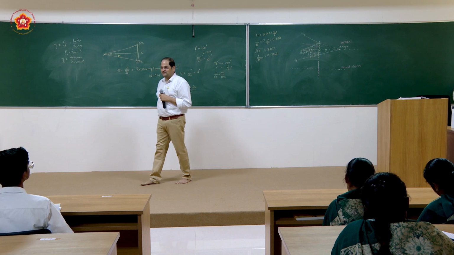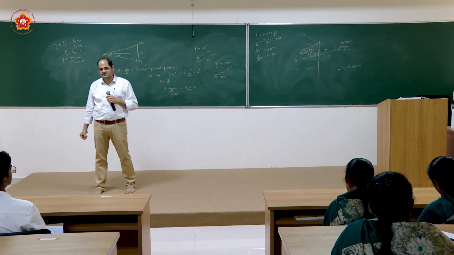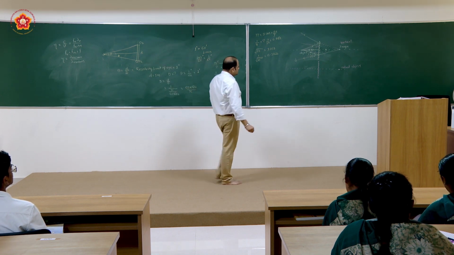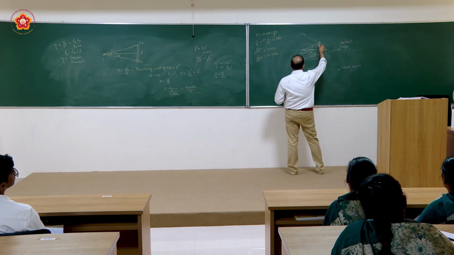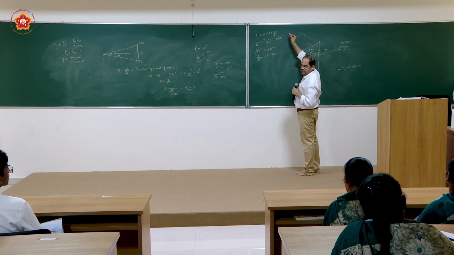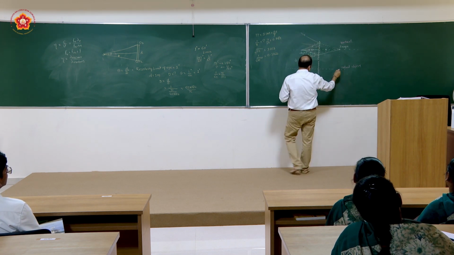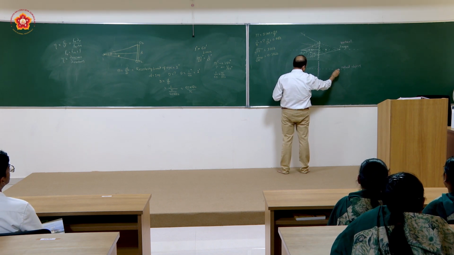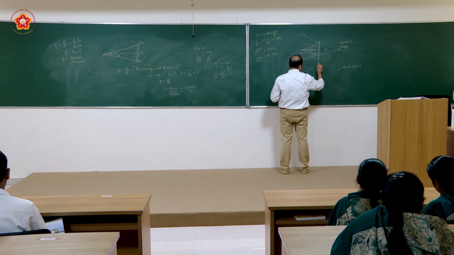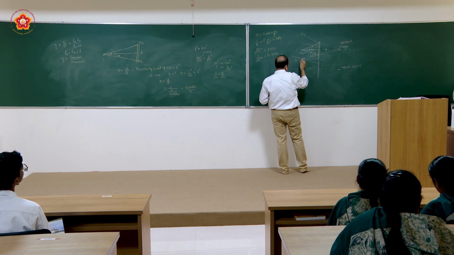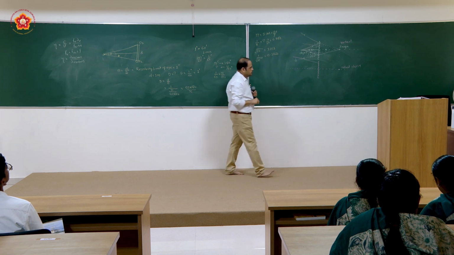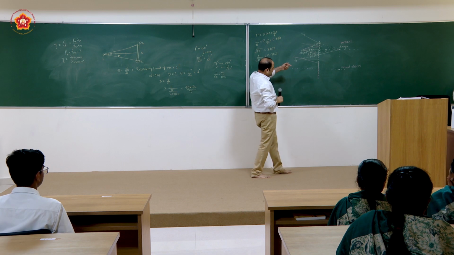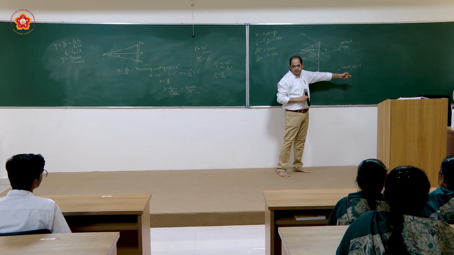Now, you will find here that the ray of light which was moving outward, if it is directed towards the virtual object, what would happen? This is the ray of light directed towards the virtual object.